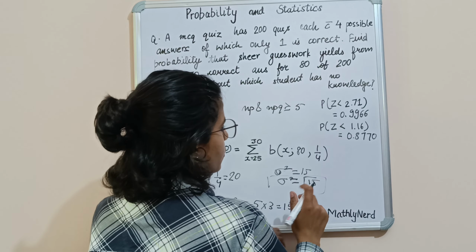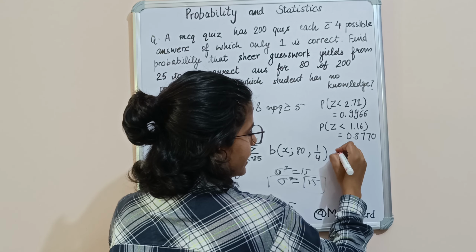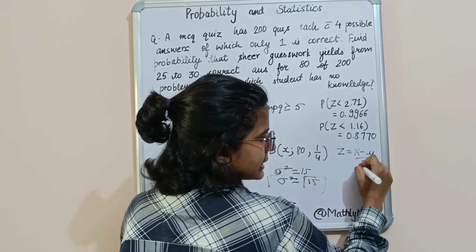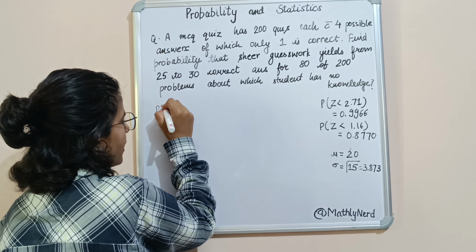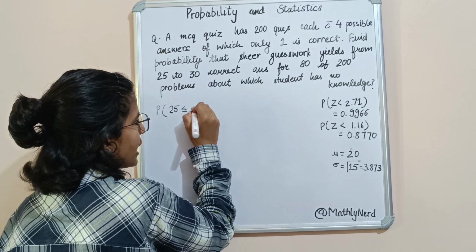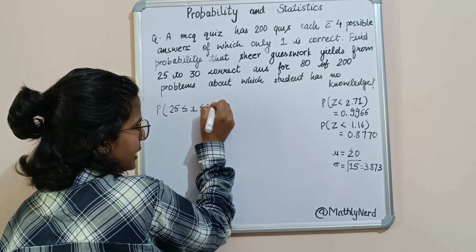Now if we want the normal variate, this will be z equal to x minus mu divided by sigma. We want to find the probability of 25 less than or equal to x less than or equal to 30.